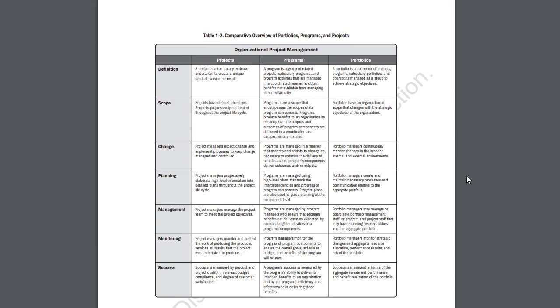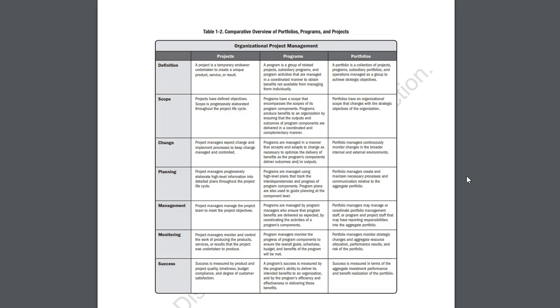This is also maybe even a better chart. It's not graphical, but it gives you that idea of a project versus a program versus that portfolio. So a project, that's our temporary endeavor. A program is a group of projects, subsidiary programs, program activities, everything all pieced together. So we go from individual to groups to an even bigger group if you go all the way to the portfolio.